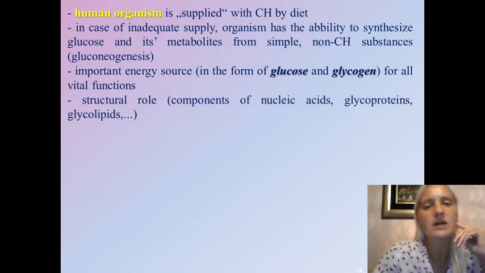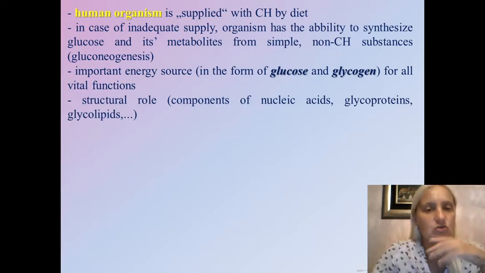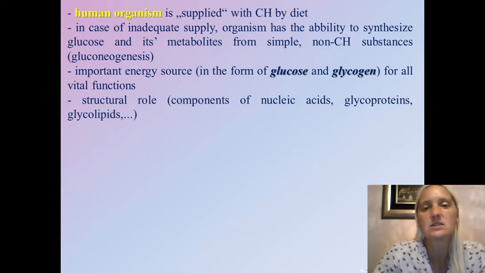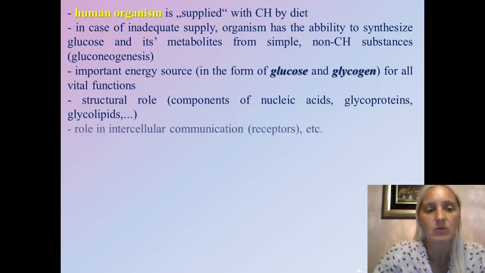Carbohydrates also have a structural role. They are components of nucleic acids, pentoses, ribose, deoxyribose. They are found in the structure of glycoproteins, glycolipids, and other molecules. They have a role in intracellular communication because carbohydrates are important components of receptors, which are glycoproteins, and so on.